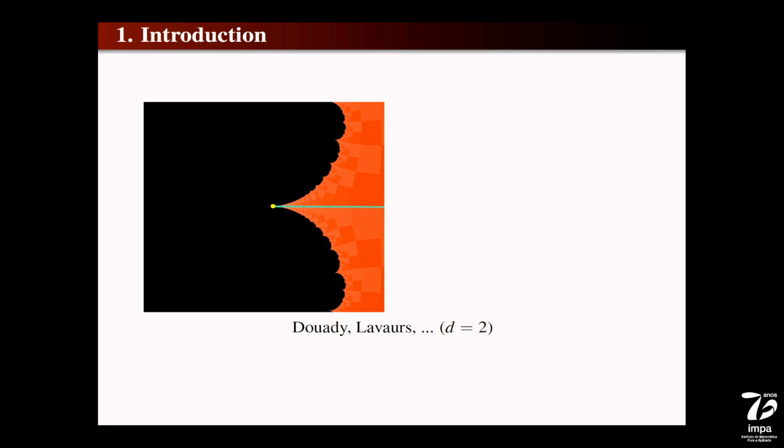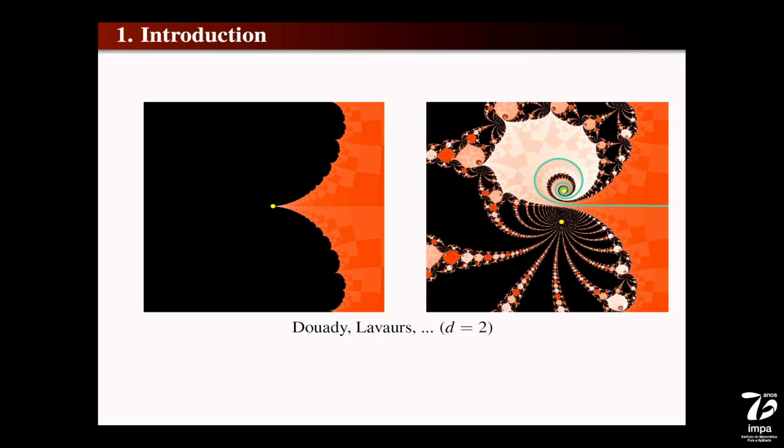So this is just the good old z squared plus 1/4. The zero ray lands at that parabolic point, and we can choose careful perturbations so that the parabolic point splits into a pair of repelling points. And the zero ray for the perturbed polynomial comes in, and it falls into this infinite spiral.